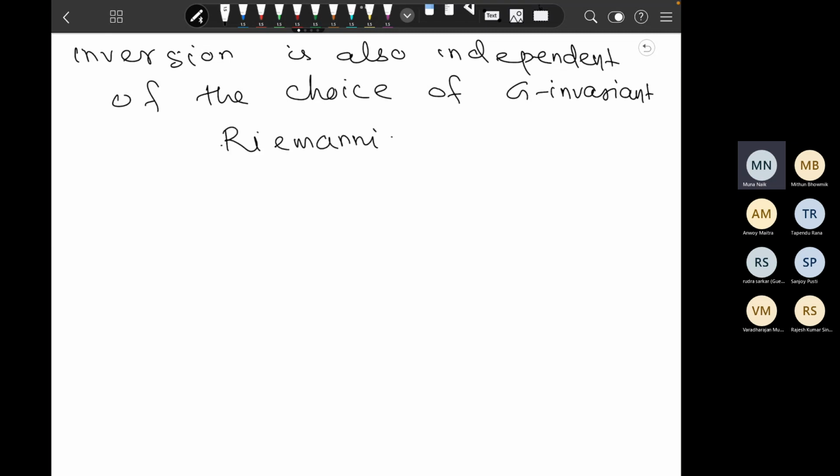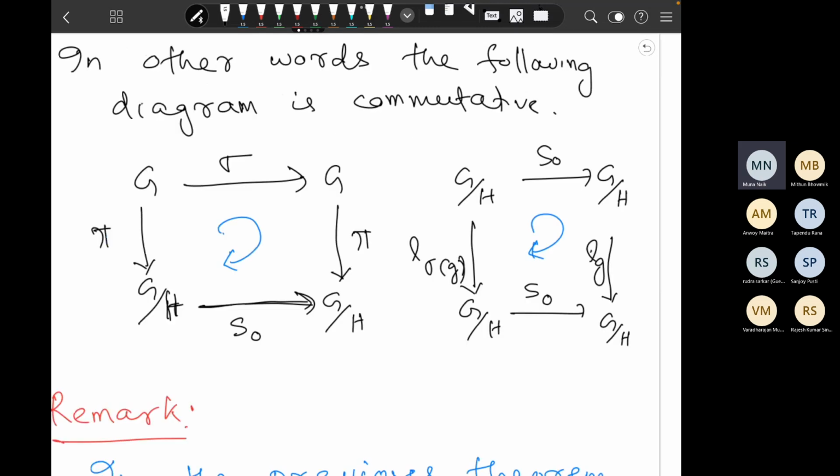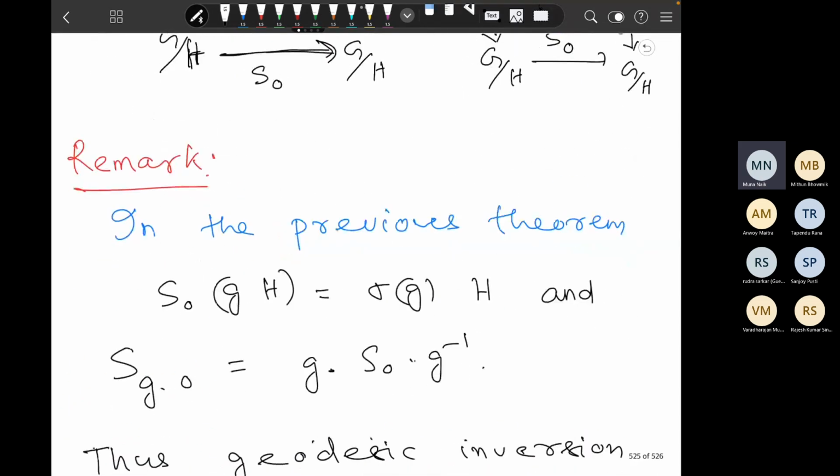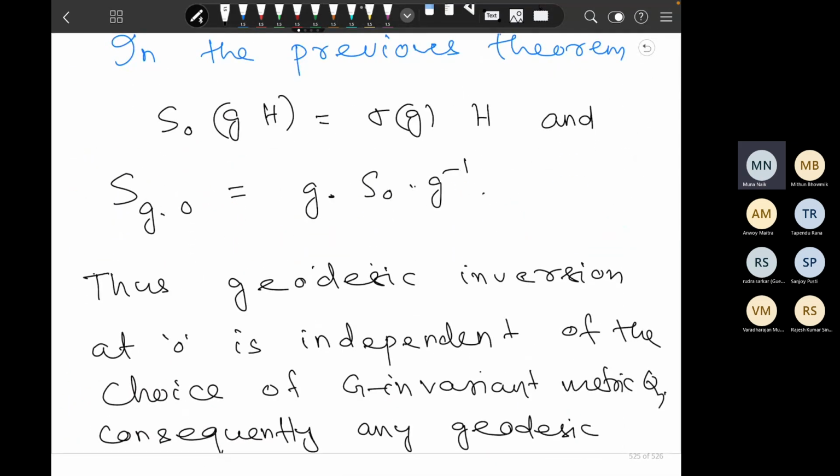So this is an interesting fact that this geodesic inversion is independent of the Riemannian metric, but if you think a little bit, then it is a confusing fact. The thing is geodesics completely depend upon the Riemannian metric. And the geodesic inversion or geodesic symmetry must depend upon therefore the Riemannian metric. And how is this possible?